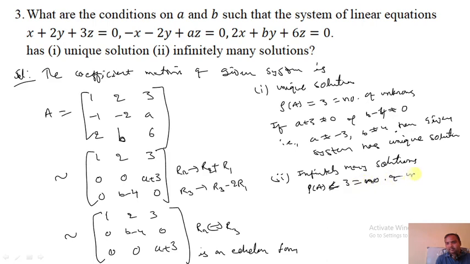That means rank may be 1 or 2. So when is it possible? Suppose a equal to minus 3, rank is 2. That means infinitely many solutions. a equal to minus 3 or b equal to 4. If b equal to 4, rank is 2, infinitely many solutions. If a equal to minus 3 and b equal to 4, rank is 1, again infinitely many solutions. That means if a equal to minus 3 or b equal to 4 or both, infinitely many solutions.